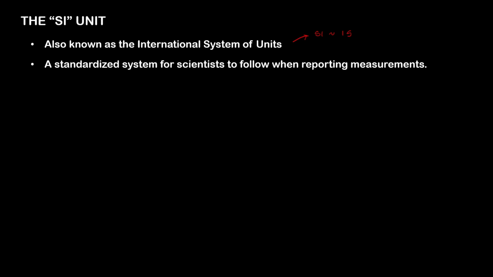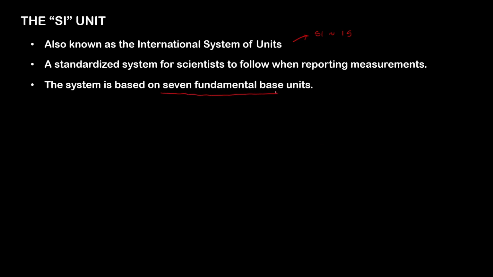By using SI units, scientists all over the world can communicate data clearly, perform accurate calculations, and reproduce experiments reliably, which is essential for reporting quantitative results. This system is based on seven fundamental base units.